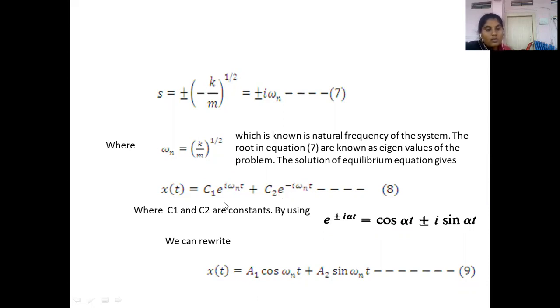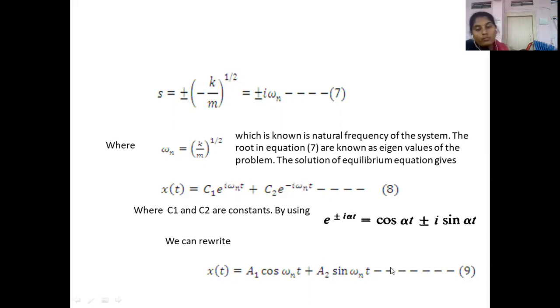Okay. So C1 plus C2 into i is called A1 into cos omega n t plus A2 into sin omega n t. So that will be the equation number 9, which will be produced from putting the values of e raised to plus or minus i alpha t in the equation number 8.